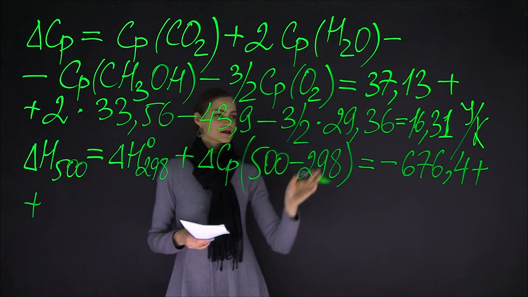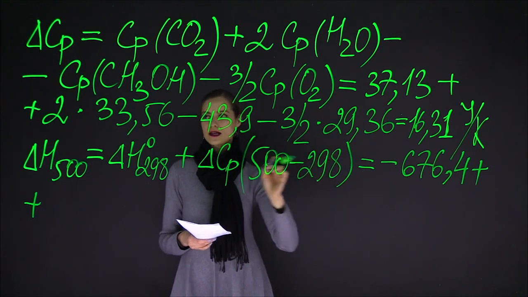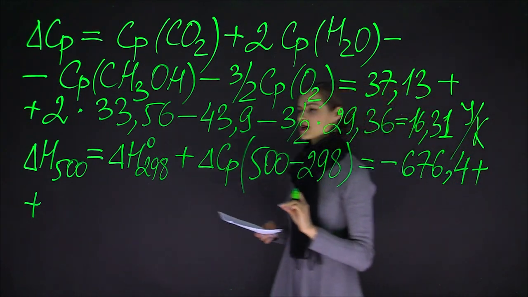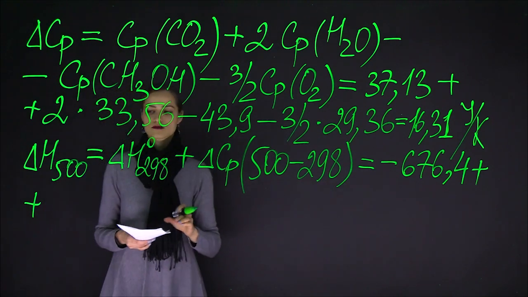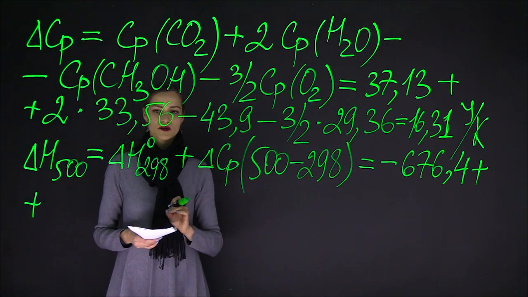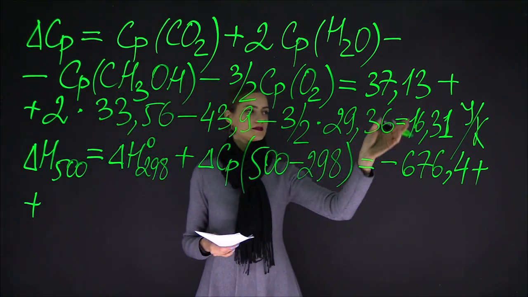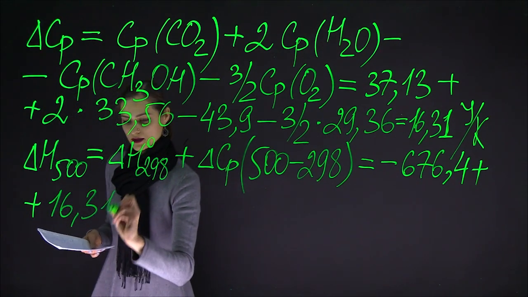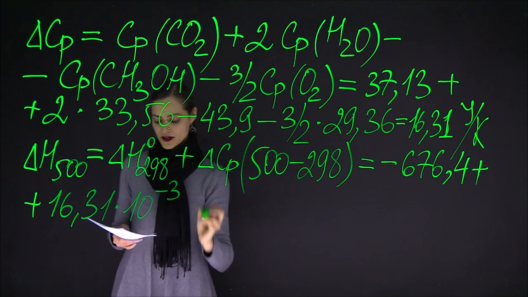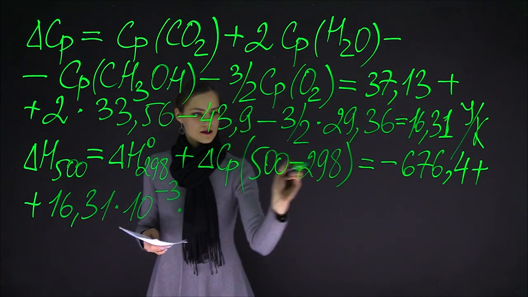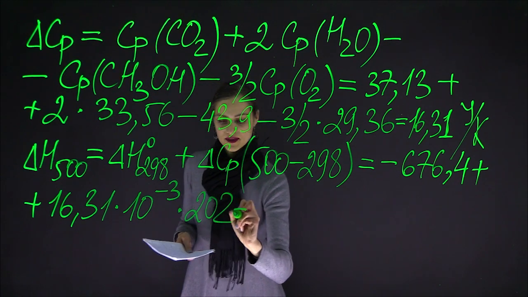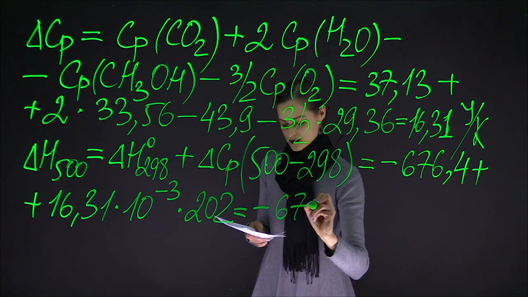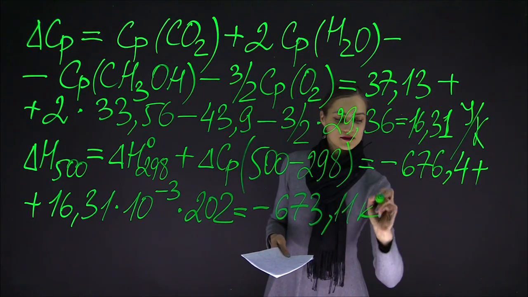But one note: heat effect we calculated in kilojoules, and change of molar isobaric heat capacity is in joules per Kelvin. So we also need to use the same unit for different parameters. So let's write heat capacity in kilojoules. And it will be 16.31 multiplied by 10 to the power of minus 3. And a difference in temperature, 202. So heat effect for this reaction will be minus 673.11 kilojoules.